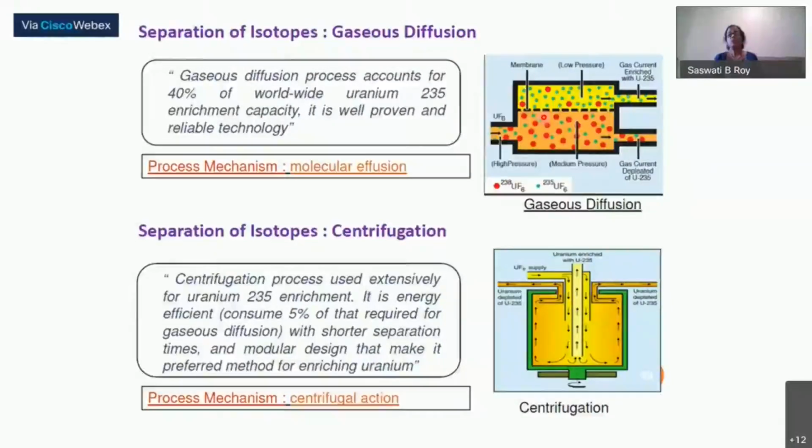So they will move faster, and their probability of reaching the membrane is more. Once you design it such a way with backflow resistant membranes, they will be separated and stay there. So this upper portion will be enriched. This is the method used here for enrichment.